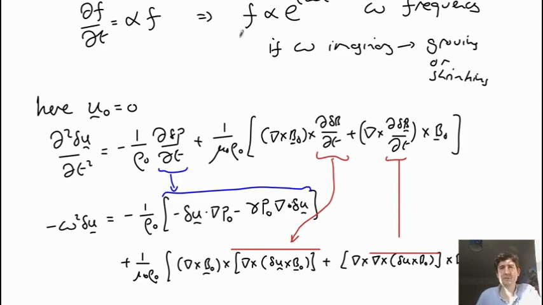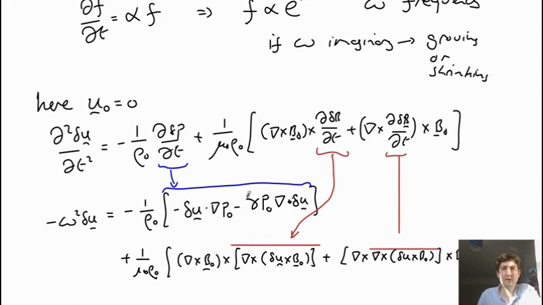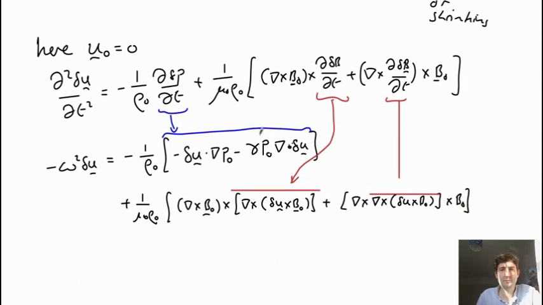And we can start to recognize some of the terms in this equation. So for example, you can pull out this gamma p naught divided by rho naught, and gamma p over rho is a sound speed, so it's a sound speed squared.